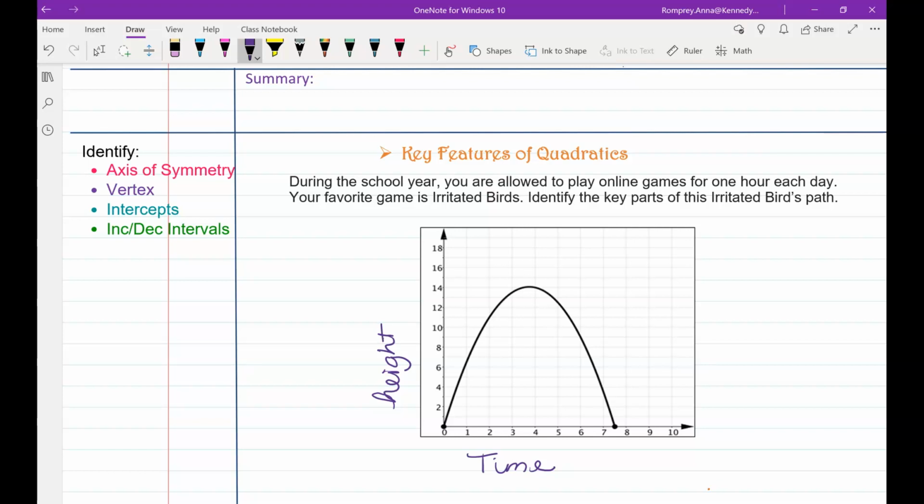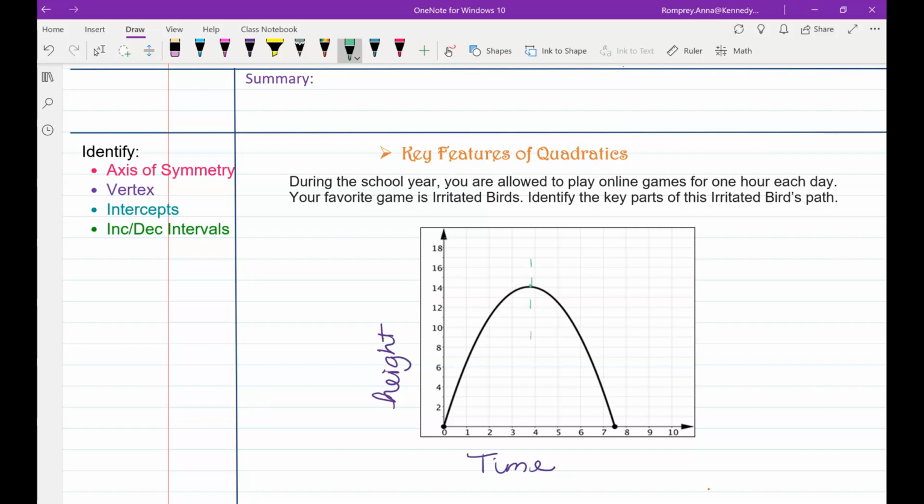So let's start with the axis of symmetry. Again, because quadratics, they're beautiful parabolas that are all nice and symmetrical. So to find that axis of symmetry, I want to look for the highest point. Oh, well, we could really, it's 7.5. So what's half of 7.5? 3 3/4.